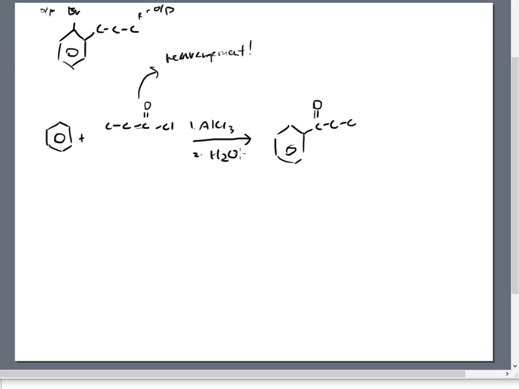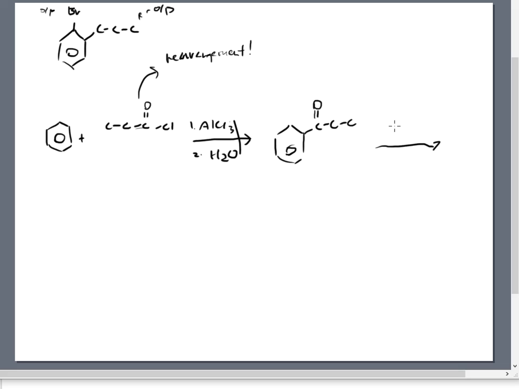So I get this benzene ring. This benzene ring now has a 3-carbon chain on it. And this 3-carbon chain with a double bond O, I've got to go through and I have to destroy that C double bond O. And we talked about how to do this back in the day.